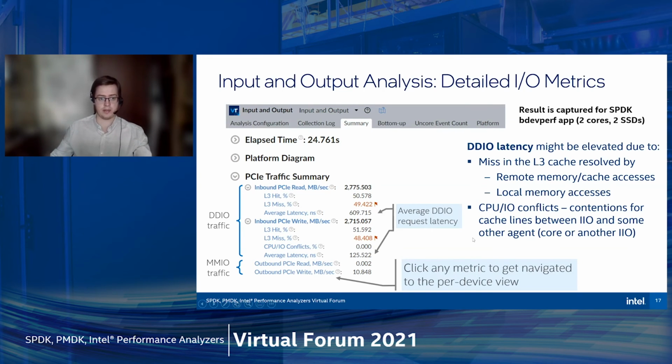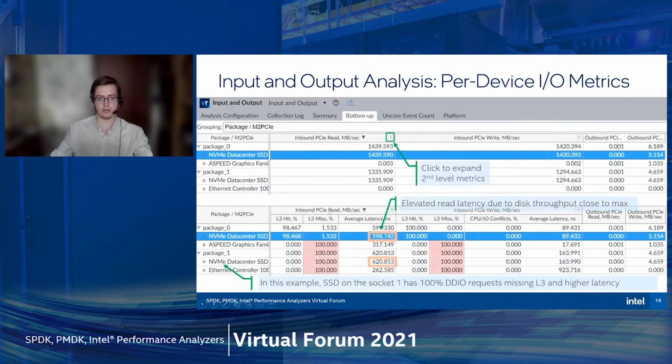So as I said, this is the summary for the whole platform. And if you want to see the breakdown by end device, click any metric in this metric tree, and you will be navigated to the per device metrics. Here you can see both first and second level metrics. For example, I see here that I have 2 drives, and in the summary I see 50% DDIO misses.